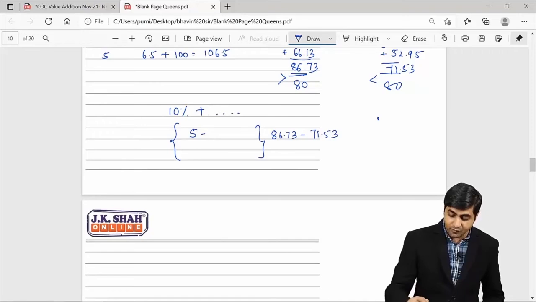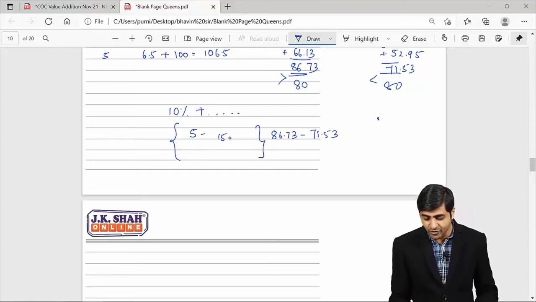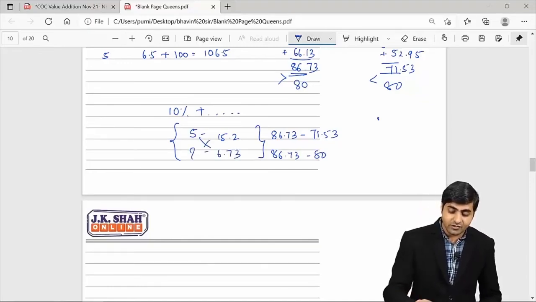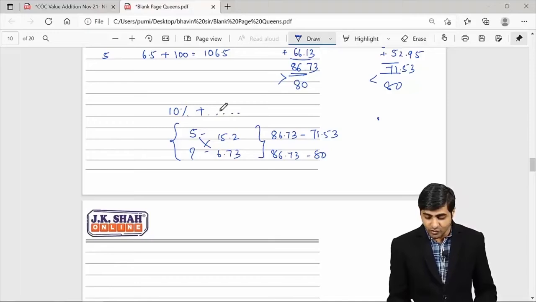So 86.73 minus 71.53, so that will be 15.2. So now from 86.73 you have to reach 80. So for 6.73 it should be how much? So 6.73 into 5, divide that by 15.2. So this will be 2.21%. So approximately this is 12.21%.